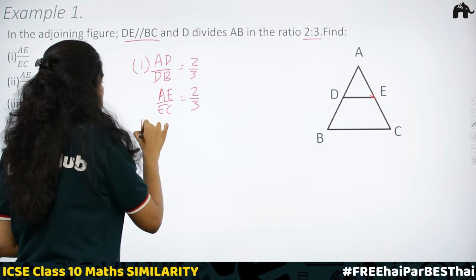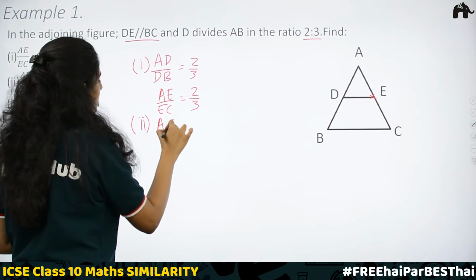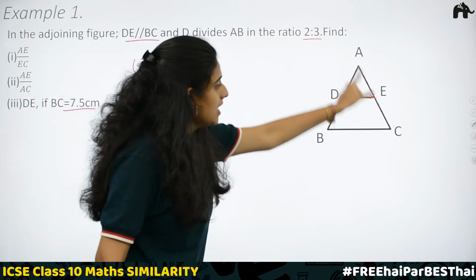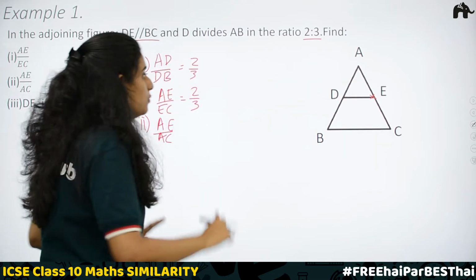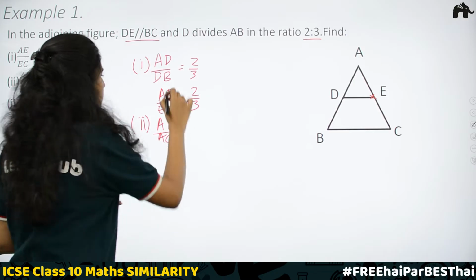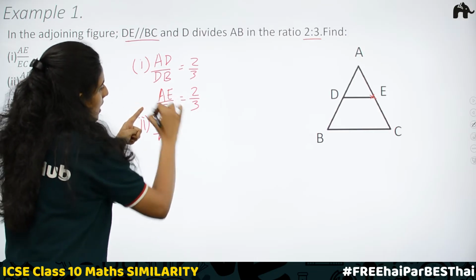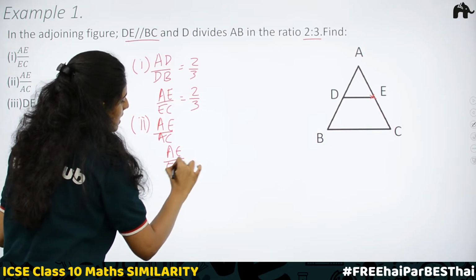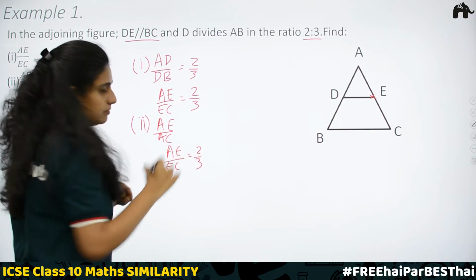Now the second question, we need to find AE by AC. This is AE and this is AC. How to find AE by AC? Here I am taking the one that we know. We have AE by EC is equal to 2 by 3.